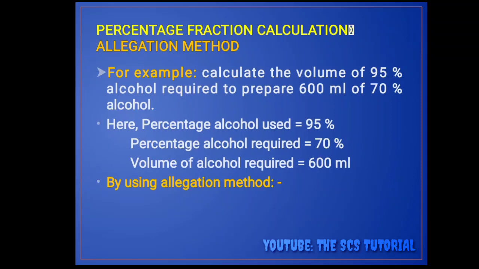For example, calculate the volume of 95% alcohol required to prepare 600 ml of 70% alcohol. Here the percentage alcohol used is 95%, and the percentage alcohol required is 70%, and the final volume of the preparation is 600 ml.